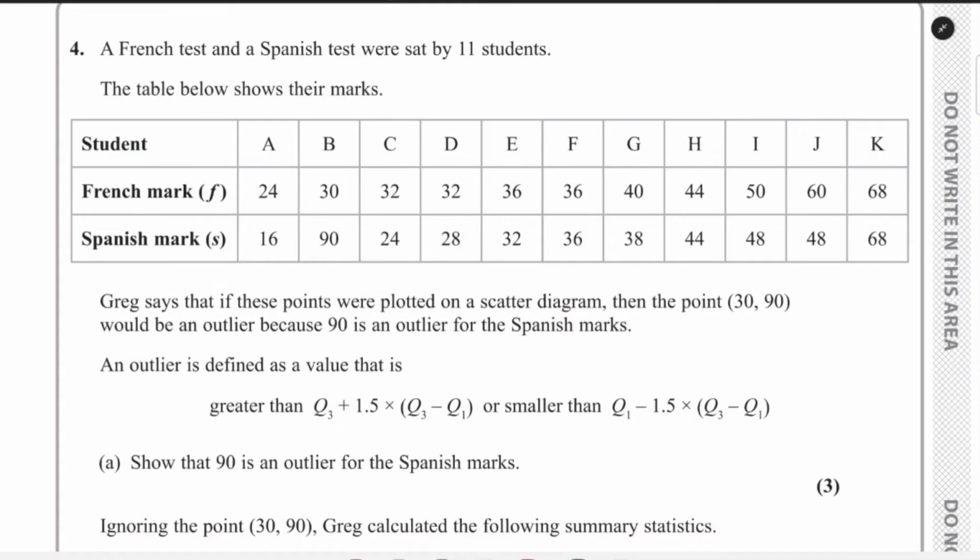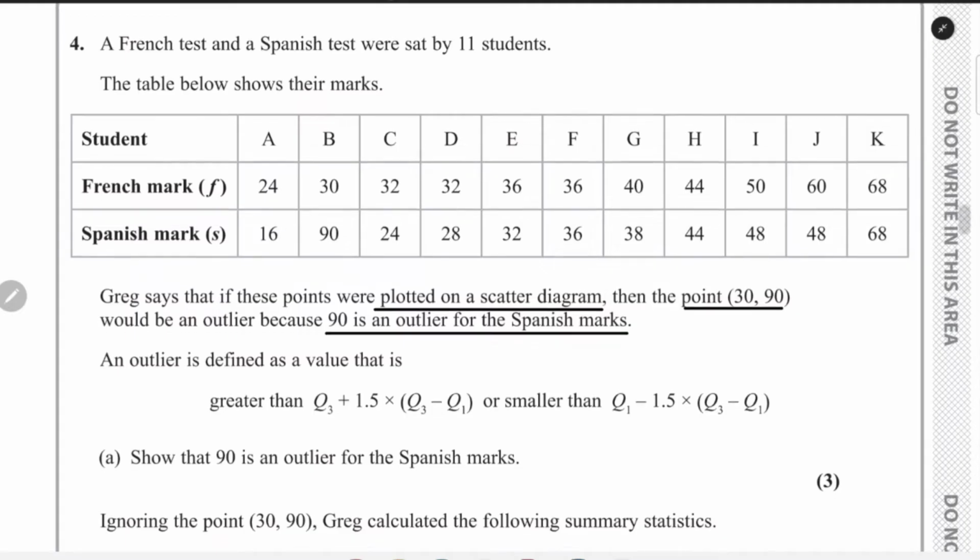Now on to question 4, which is about correlation and regression. We are given that there are 11 students over here, and their marks in French and Spanish are given. Then we are given that this was plotted on a scatter diagram, and we have said that the point 30, 90 would be an outlier because 90 is an outlier for the Spanish marks.